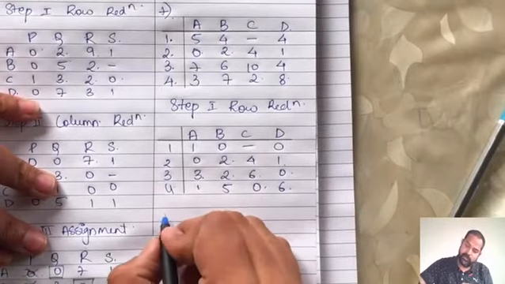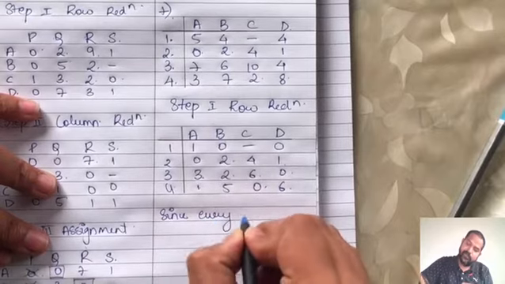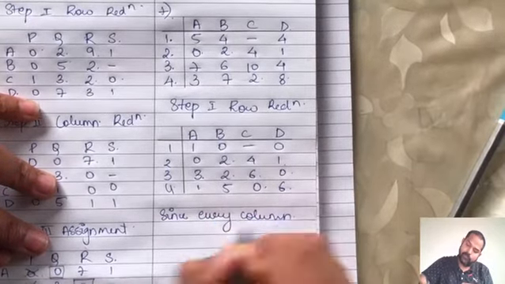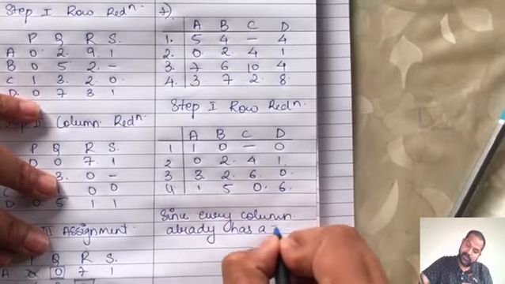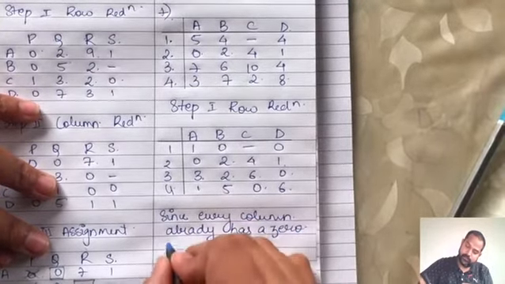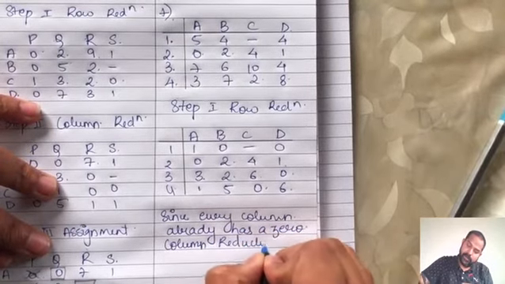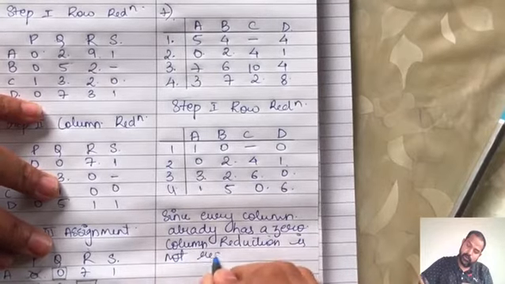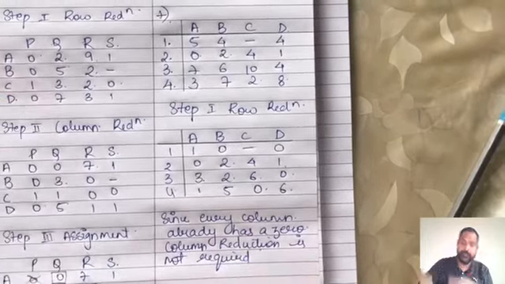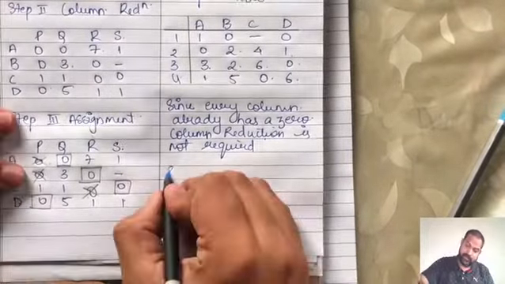So I'm making a note here that since every column already has a zero, column reduction is not required, which means we directly move on to the next step.